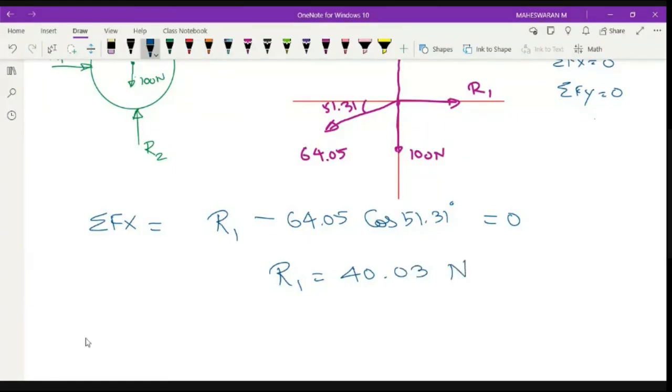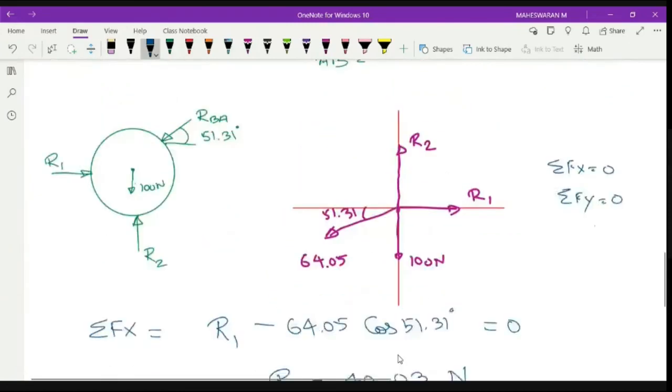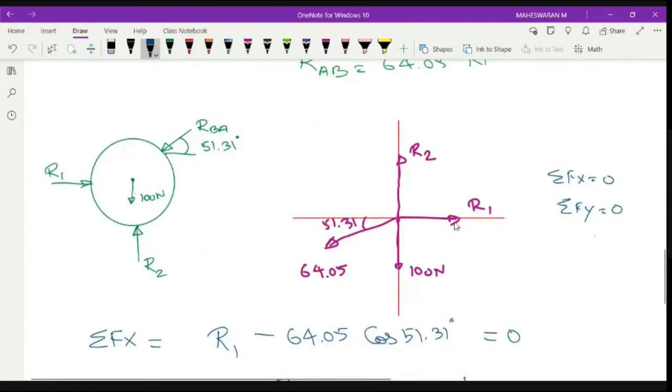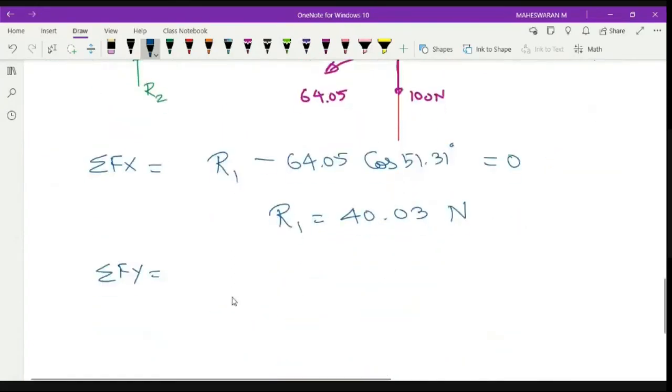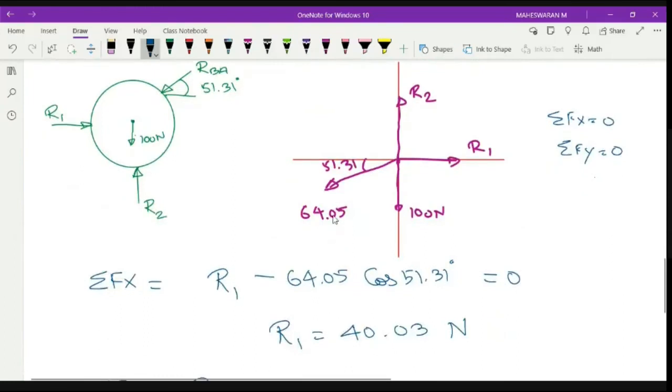Very good. Now, sigma Fy is equal to 0. R1 is not applicable, it is on the x-axis. R2 positive y. This one, bring it to y. Your angle is increasing, so it will be sine, and it is in negative y.